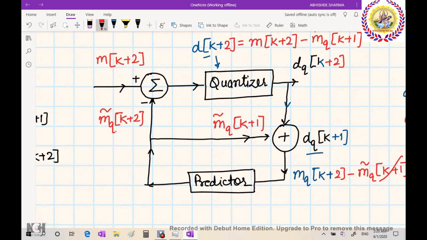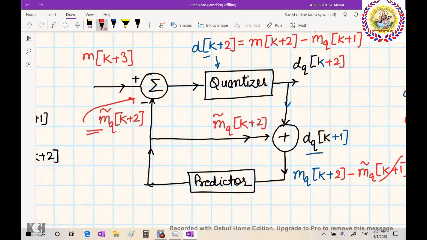Now at this point, when this value comes to this point, the next sample will change to m(k+3), and the procedure of this approximation of the calculation of the output will continue.